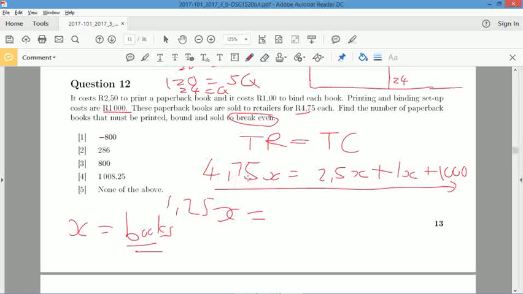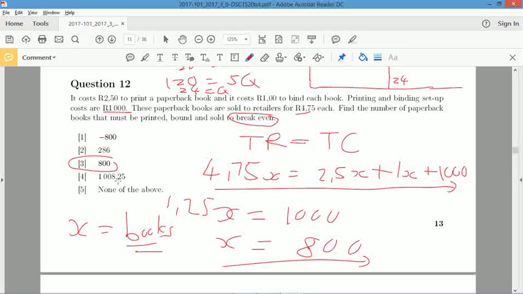So 4.75 minus 2.5 minus 1, so minus 3.5, gives me 1.25x equals 1,000. So 1,000 divided by that answer gives me 800 books. So that's the number of books that I would have to sell in order to break even.